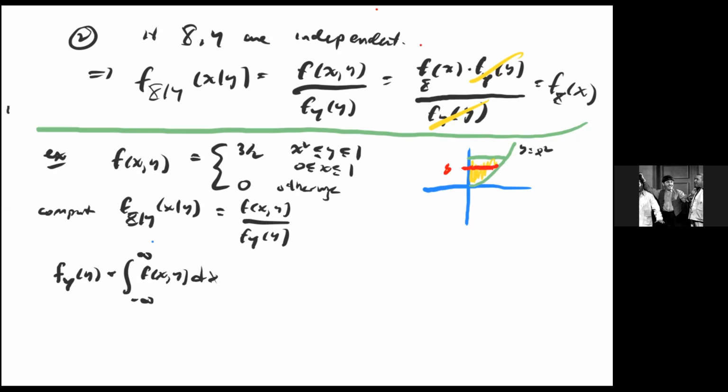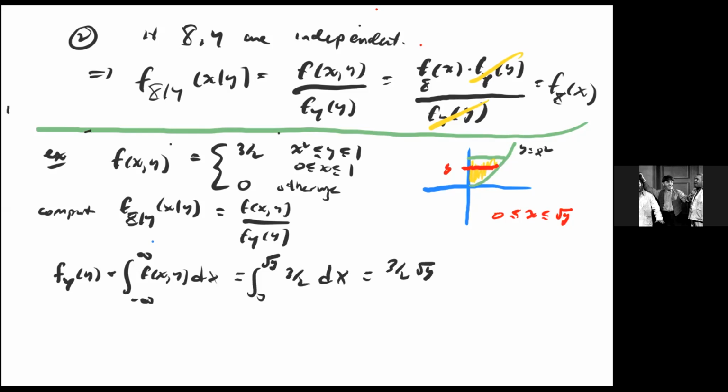That segment is given by x between 0 and the point on the curve y equals x squared, which is the square root of y. So this is going to give me the integral from 0 to the square root of y of the value of f of x y on that region, which is 3/2, and we're integrating with respect to x. We can compute that integral very easily, and you get 3/2 the square root of y.